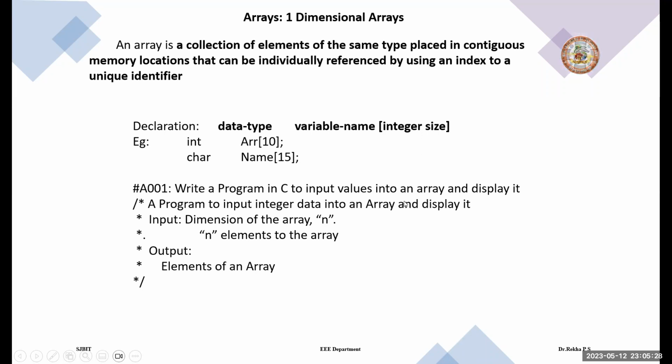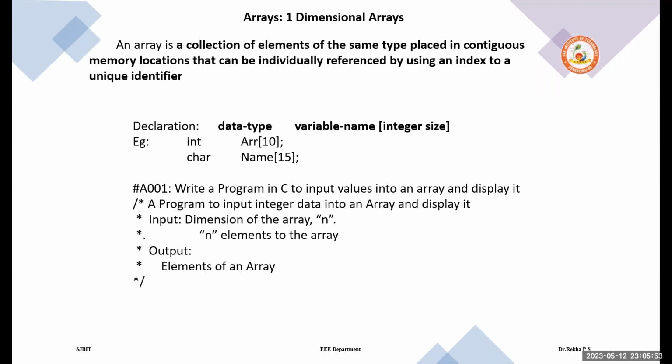Now, how do you write a program in C to input values into an array and display it? That's what I have to show here. A program to input integer data into an array and display it. What is required? First, you have to input the dimension of the array.